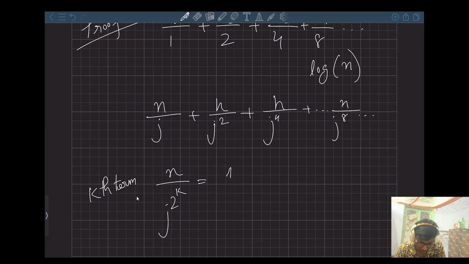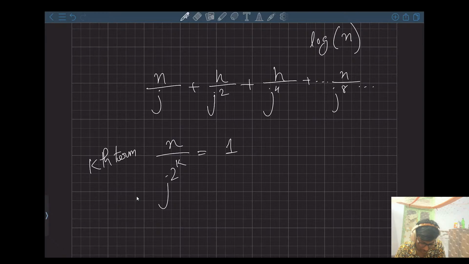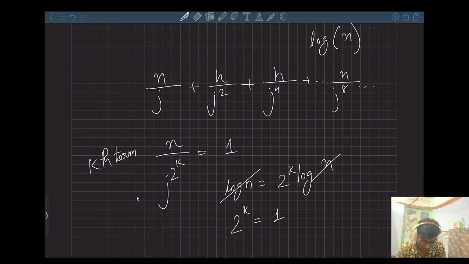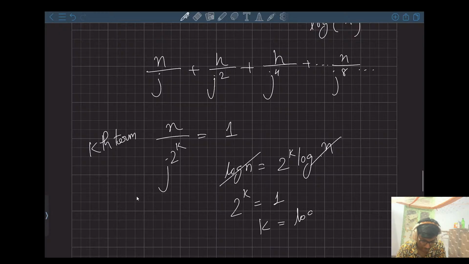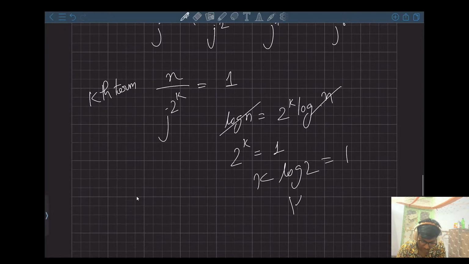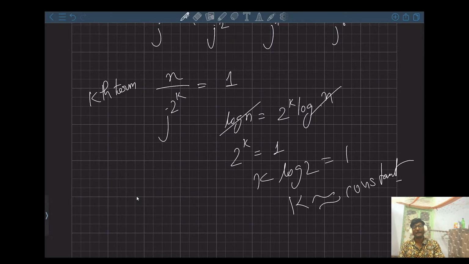And we can assume this to be 1. So can I say that this is log n? This is 2 to the power k log j. j I will assume as log n maximum. So this gets cancelled. So 2 to the power k equal to 1. That means log 2 to the power k equal to 1. So k is some constant. I hope this made sense.